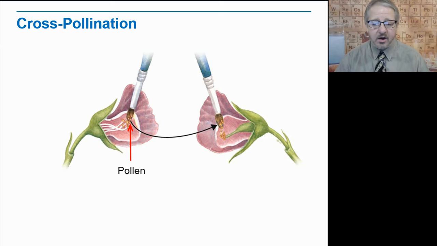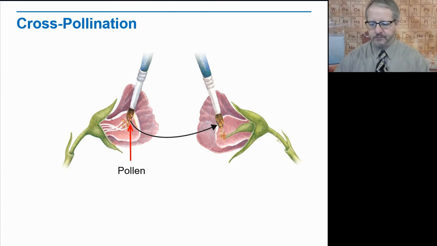Well, it comes down to the fact that he was trying to prevent the flowers from self-pollinating. He wanted to be able to control, because again, he's doing experiments. You have to control things, right? So he wanted to make sure that he could control which plants were being crossed so that he would be able to keep track of what's what and who's who.